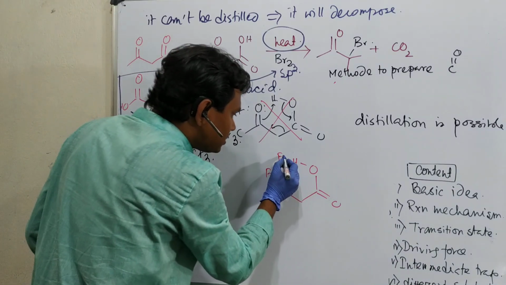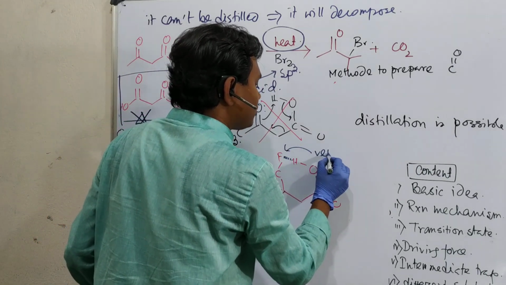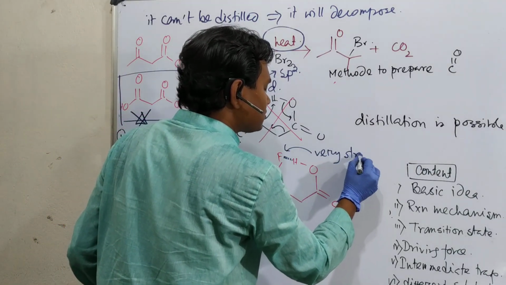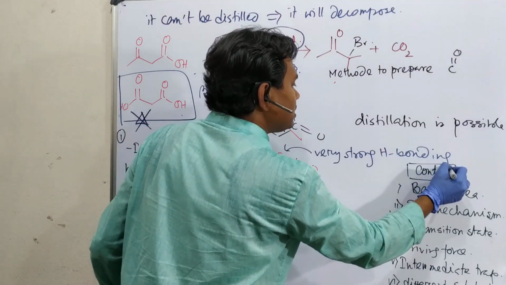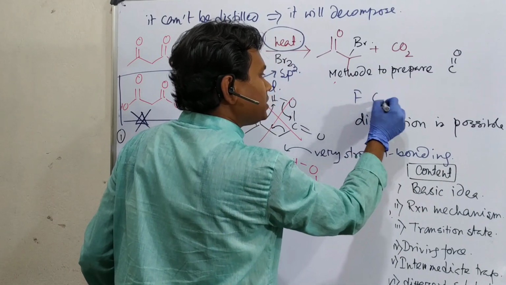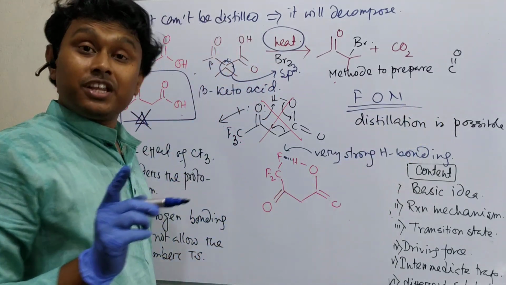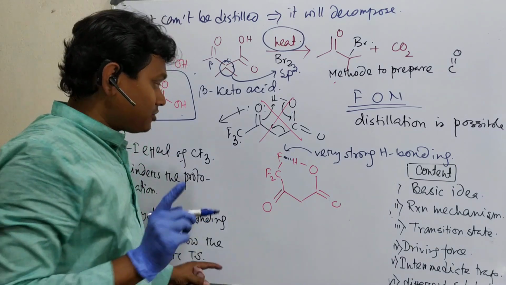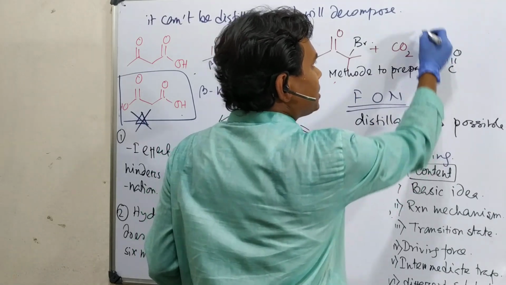What do I mean? This fluorine and hydrogen form a very strong hydrogen bonding, because we know fluorine and oxygen form very strong hydrogen bonding, and fluorine has a very good reputation for forming very strong hydrogen bonding.